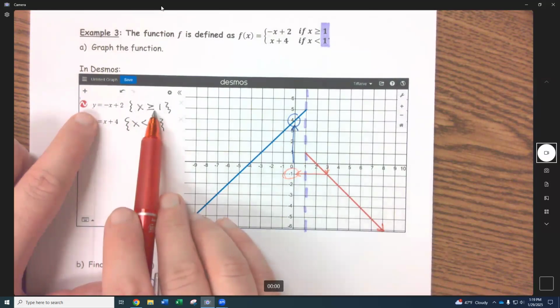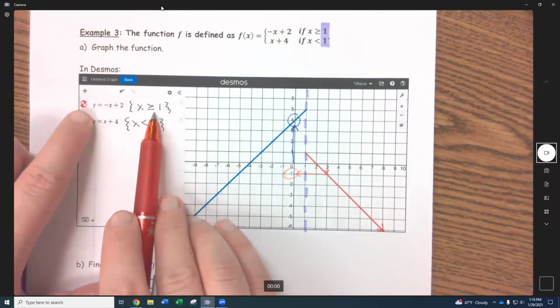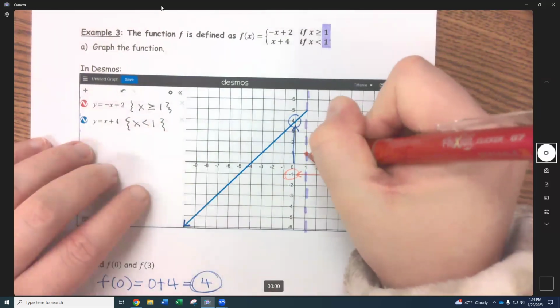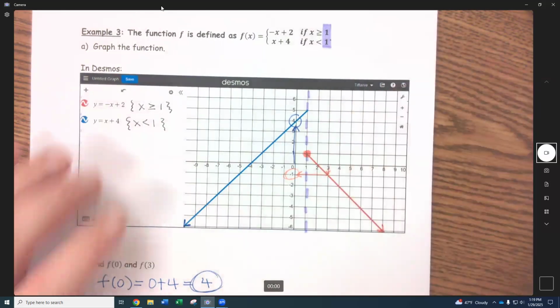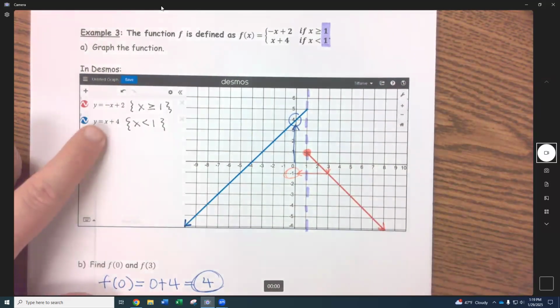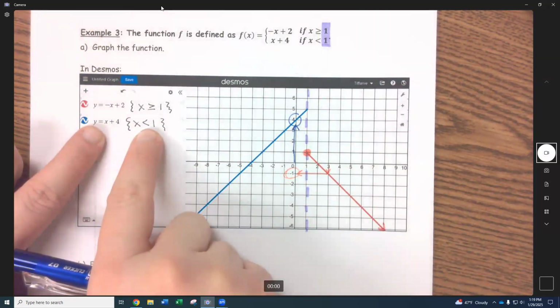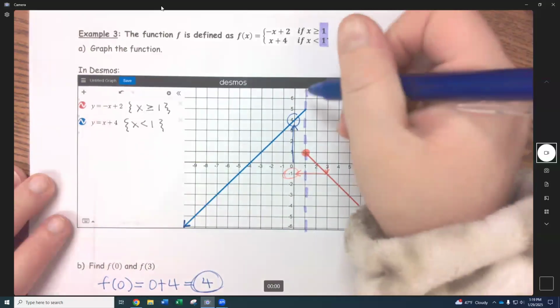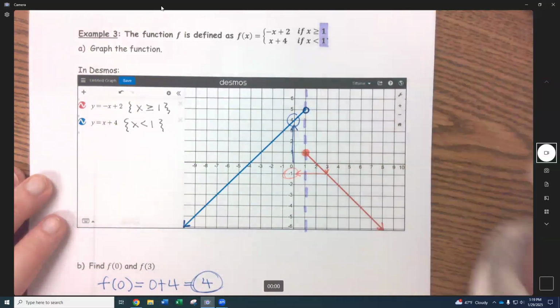Because it's or equal to, this tells me that this red line here is my solid one. Then the blue line is simply less than 1, which means open circle.